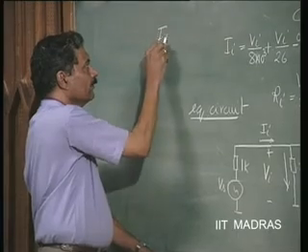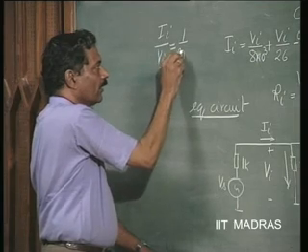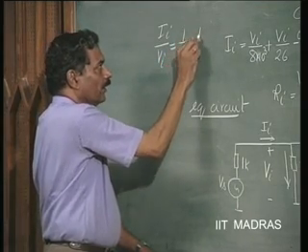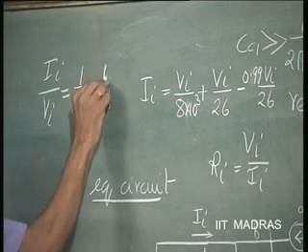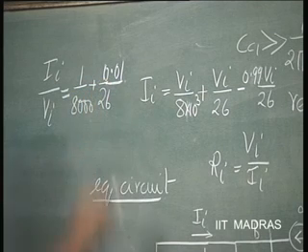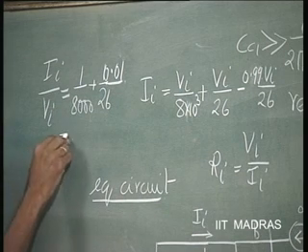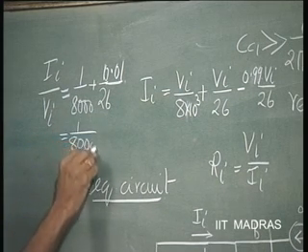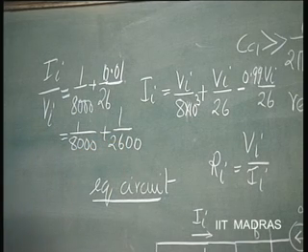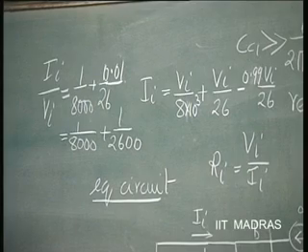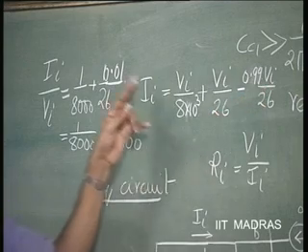Actually, this is going to give you I by V I, therefore equals 1 over 8000 plus 1 over 26 into 1 minus alpha, which is 0.01. Therefore, this is equal to 1 over 8000 ohms in parallel with 1 over 26 into 0.01, that is 2600 ohms.